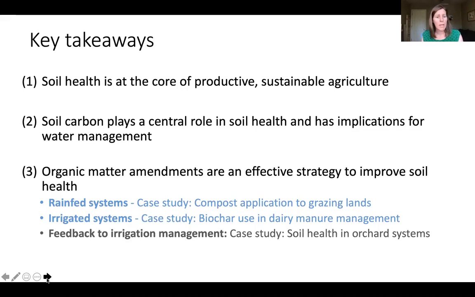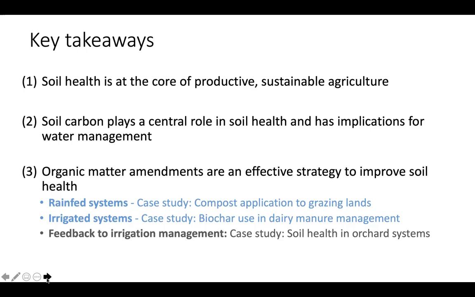And soil carbon has really important implications for water management in ways that I think we speak very broadly about. We understand that important link, but I think there's a lot of room for improving how we understand those links, where we need to do more work, and where we are pretty certain about predicting potential impacts of carbon and water with particular practices.